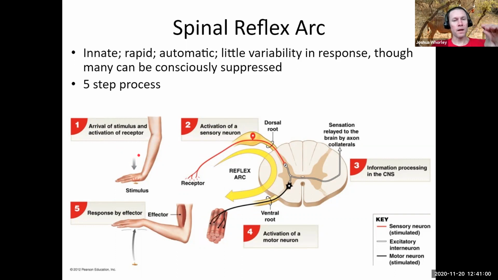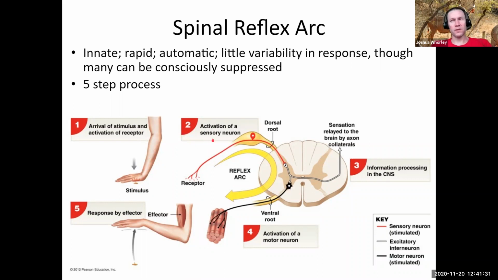More often, the receptor is actually a modified cell, often of epithelial tissue, sometimes connective tissue, but usually a modified epithelial cell that connects very quickly to a sensory neuron. So in this case, this is just showing the stimulus arriving and stimulating some receptor.